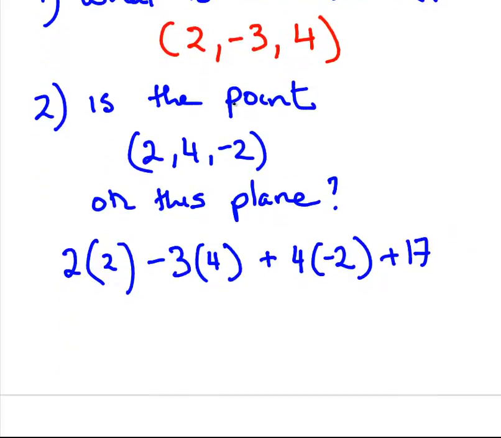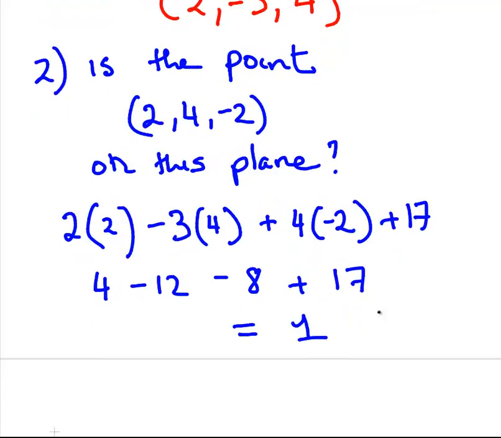You could probably do some mental arithmetic and see that it's not. That's 4 minus 12 minus 8 plus 17. Is that equal to 0? No, that's actually equal to 1, which is not 0. So the answer is no, it is not.